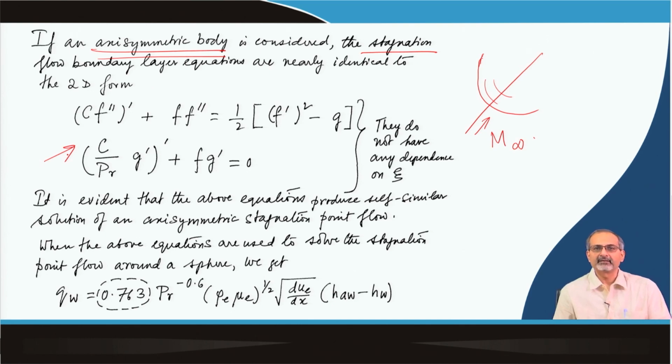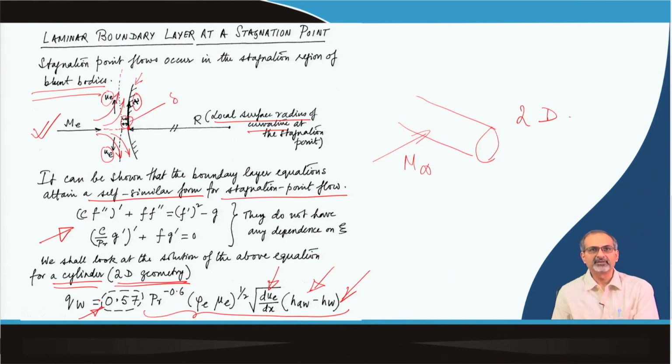You look at it carefully later on and you will see the difference. And these equations again produce self-similar solutions because they do not have any dependence on xi. In the axisymmetric problem, the coefficient turns out to be 0.763, which in comparison with the previous solution is higher. Here it was 0.57.